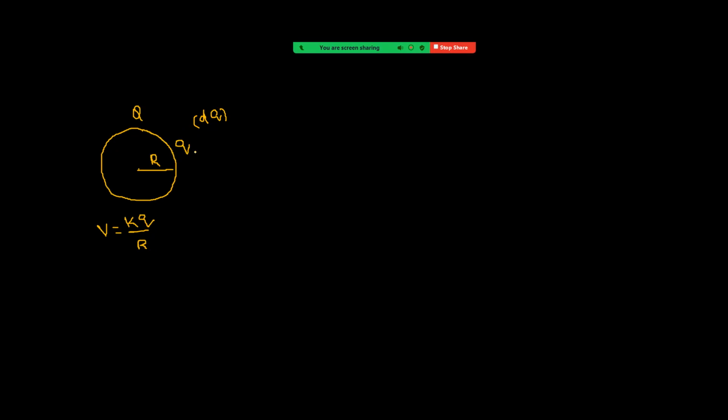Now you can see between this existing charge and this coming charge, there is a repulsion. Because of this repulsion, we have to do work against that repulsion in bringing the charge. So that work now stores in the form of potential energy.